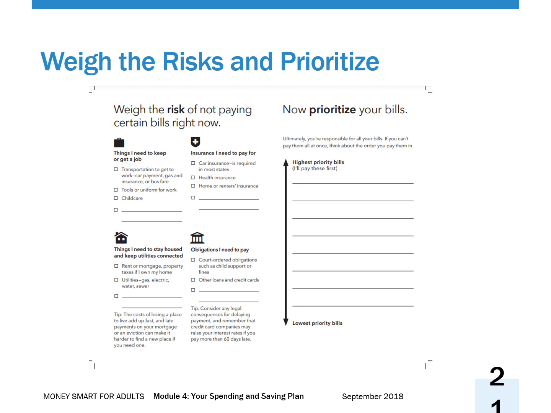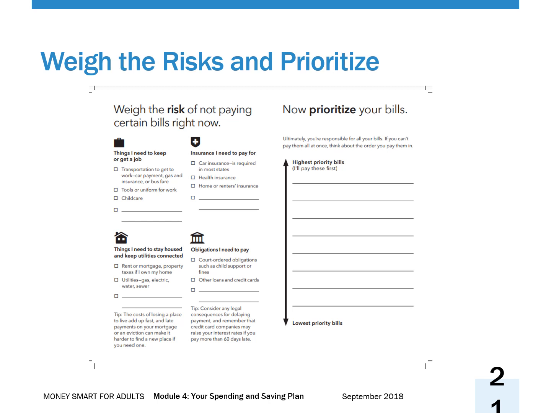So things like: I need to keep a job, insurance I need to pay for, things I need to stay housed and keep utilities connected. And for that one, the cost of losing a place to live adds up fast, and late payment on your mortgage or an eviction can make it harder to find a new place if you need one.